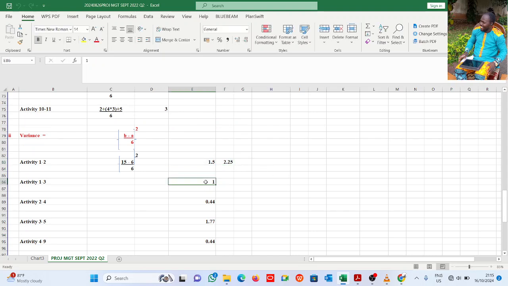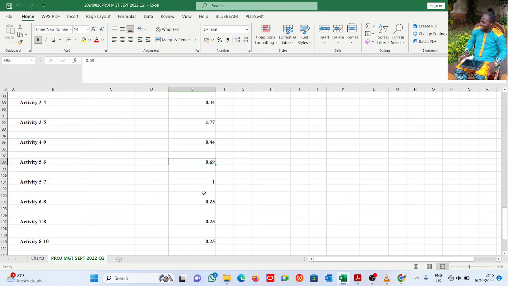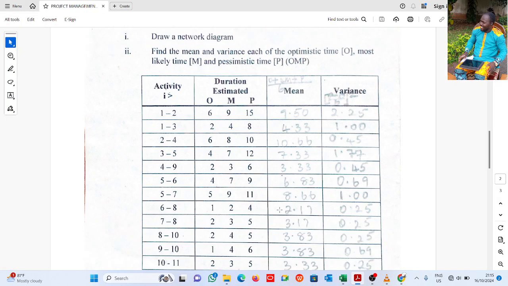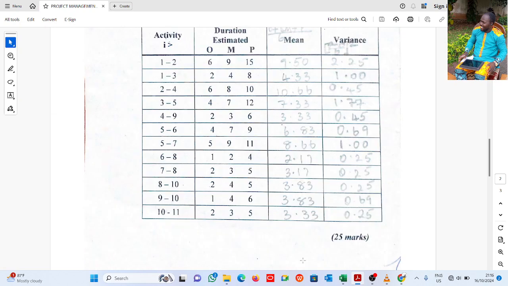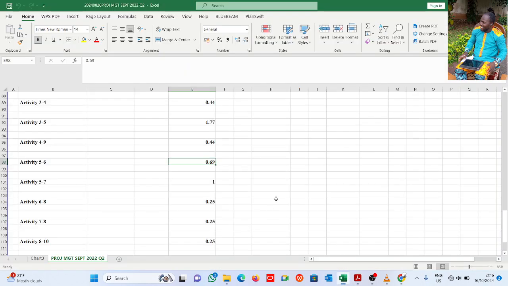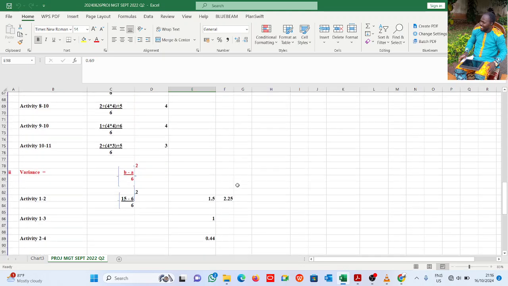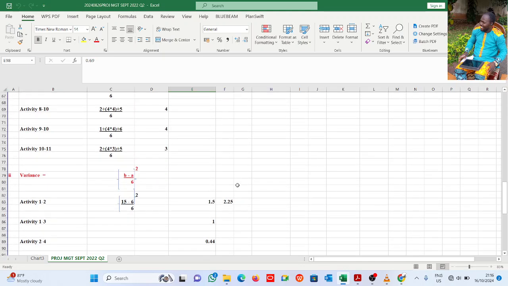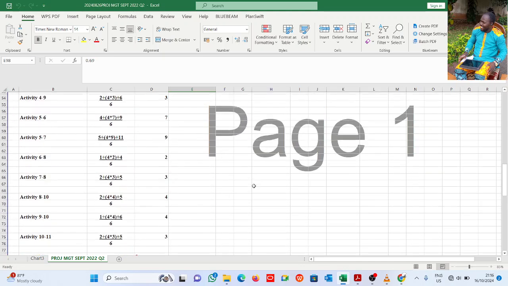The same thing is applicable to other activities. You can do them on your own. Using this formula, you will get the variance. That is basically what this question is all about. With this, you got your 25 marks. Beyond that, your professional career is covered when it comes to project evaluation and review technique.